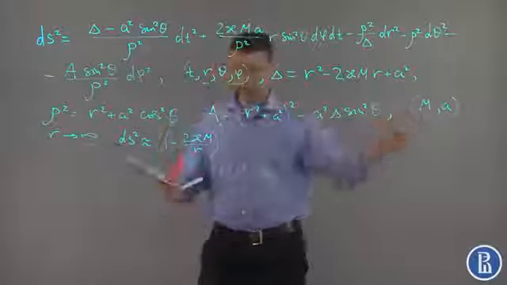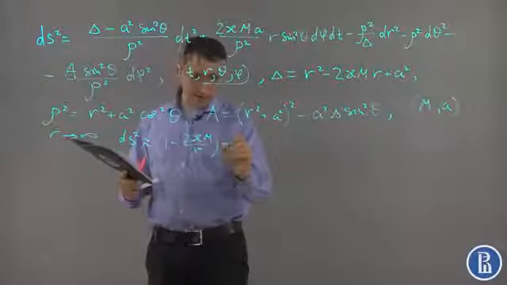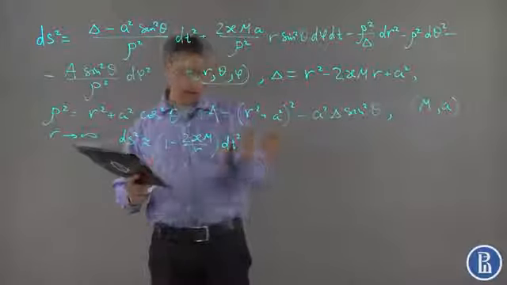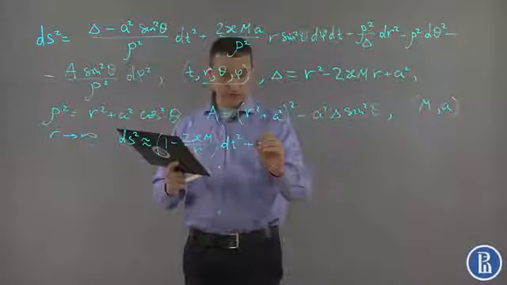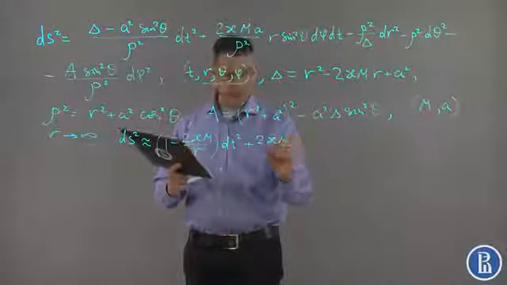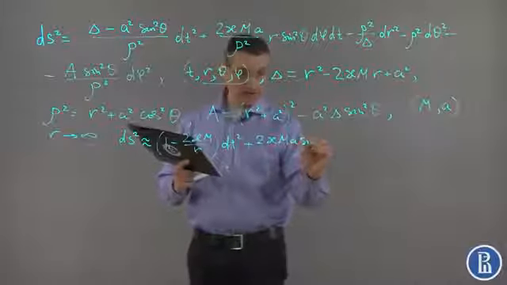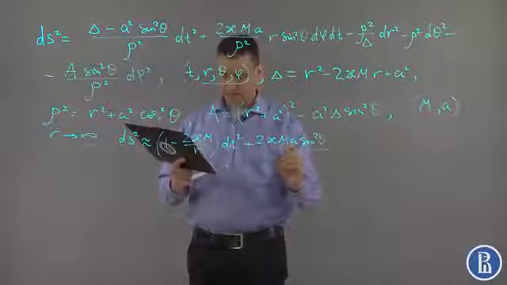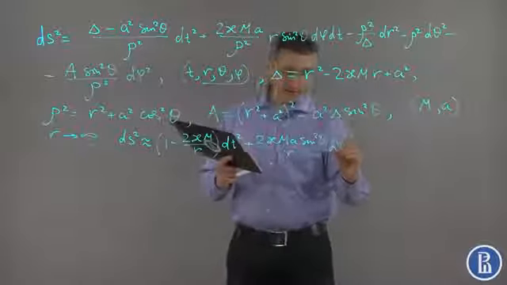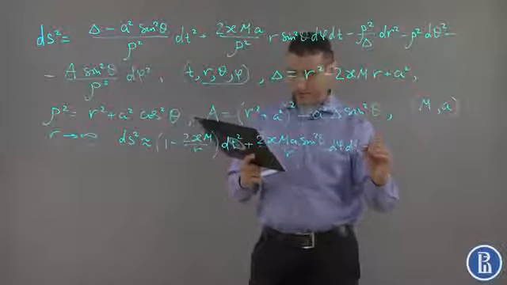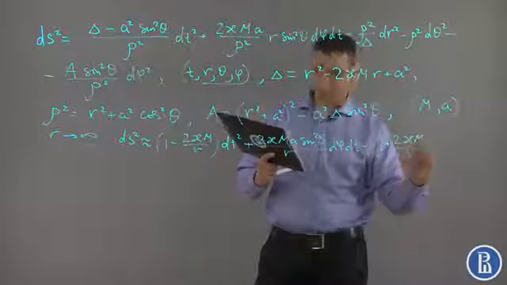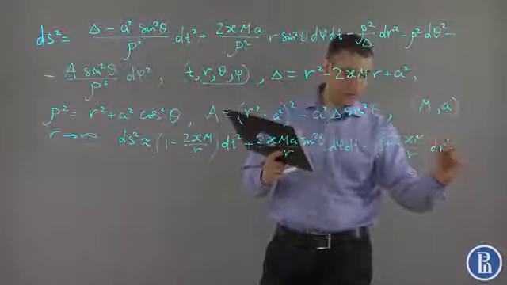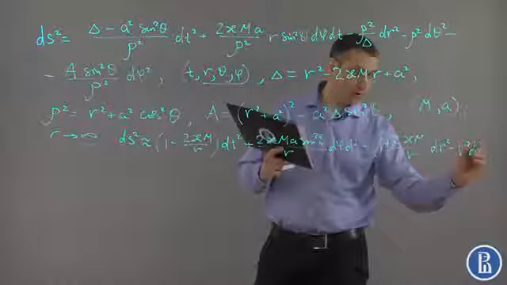M and a are constant, unlike the previous solution, where m was frequently a function of r. Then 2 kappa m a sine squared theta divided by r d phi dt, minus 1 plus 2 kappa m divided by r dr squared, minus r squared d omega squared.